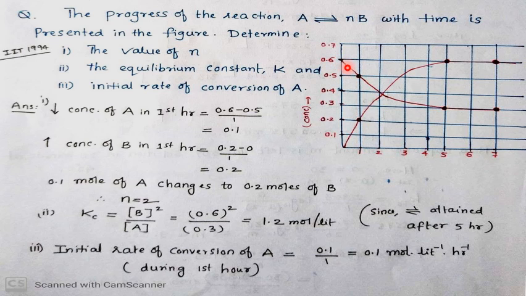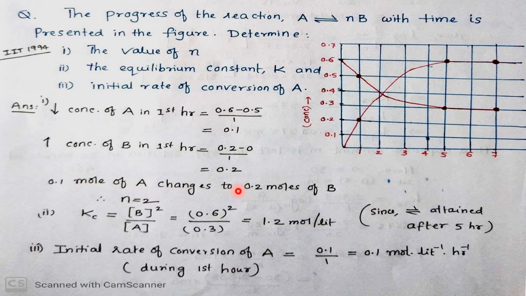So the decrease in concentration of A in the first hour is 0.1, and the increase in concentration of B in the first hour is 0.2.